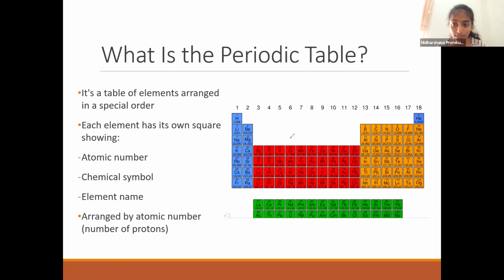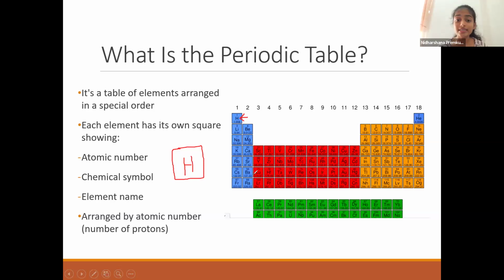So, if you consider this particular square here, H is its chemical symbol. H is hydrogen. I'm sure you have heard of hydrogen before. Hydrogen is a gas you can find in the atmosphere.